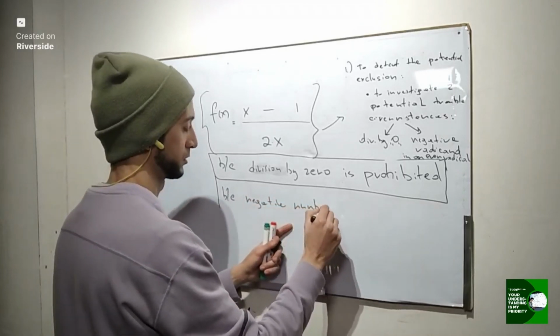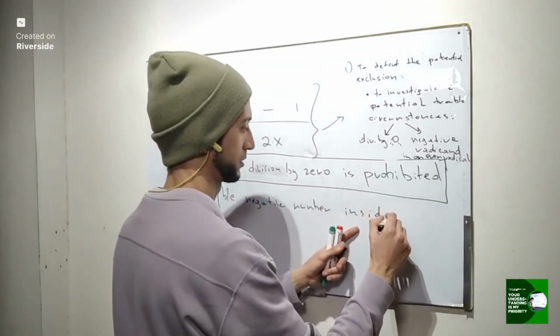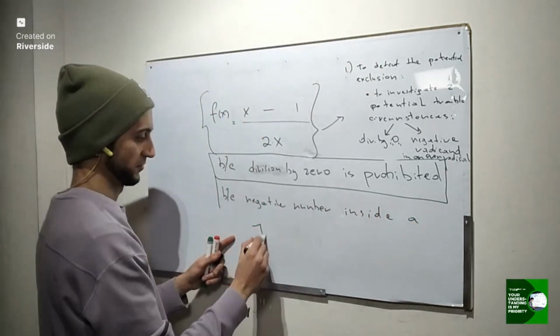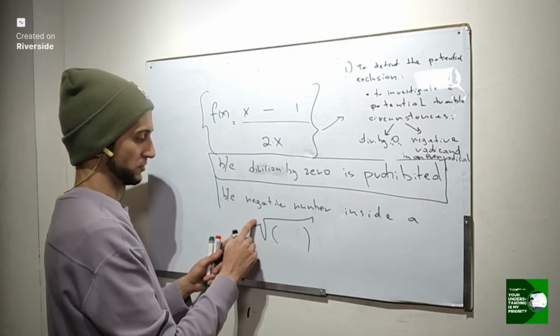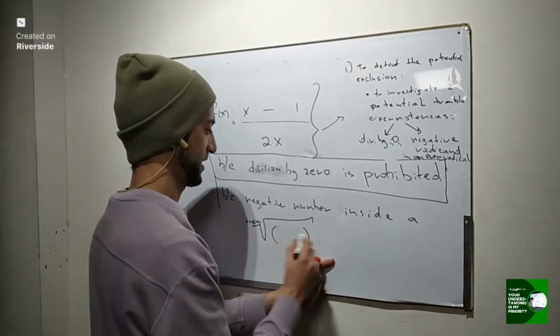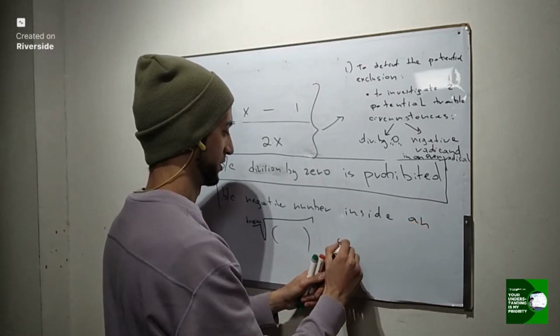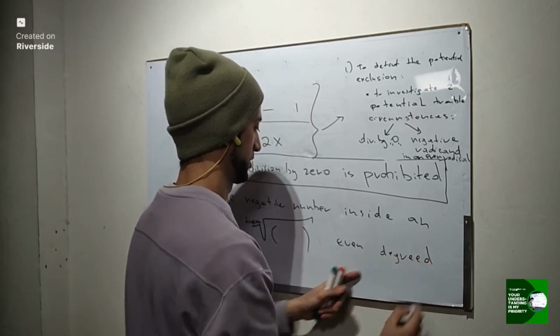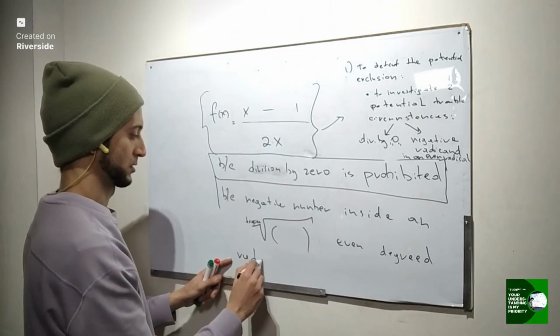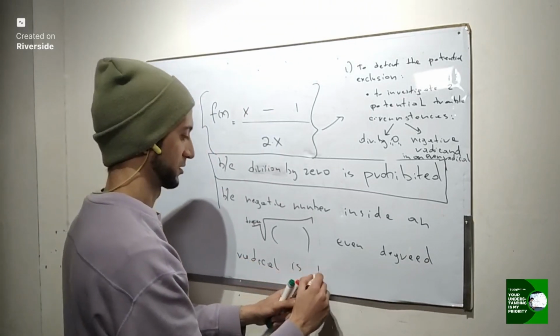And also a negative number inside this thing, whoever that thing is inside there, if it is inside an even degree thing like that, a radical, cannot be. It is also prohibited.